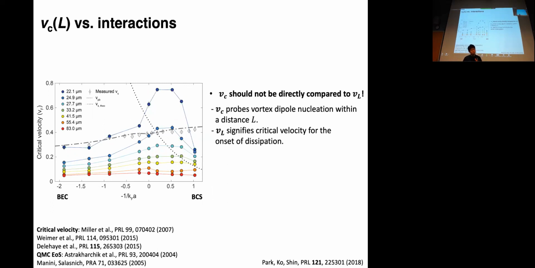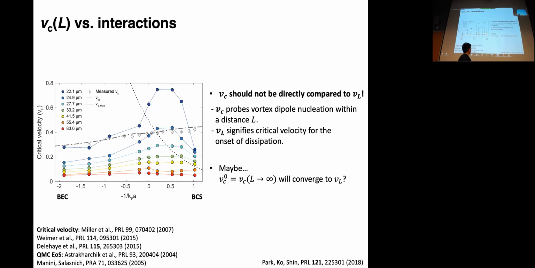So maybe it's not comparing apples to apples. If you're very imaginative, maybe you can imagine that if we were to actually translate our optical beam for an infinite distance, maybe the limit in critical velocity could converge to the Landau criterion, or maybe it could follow the speed of sound. We'll have to see.